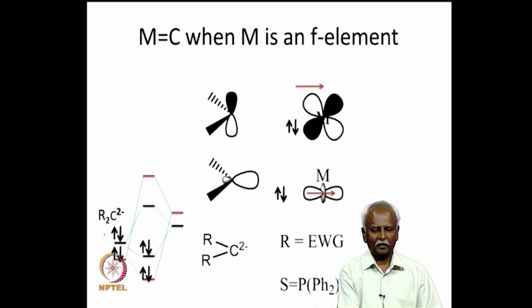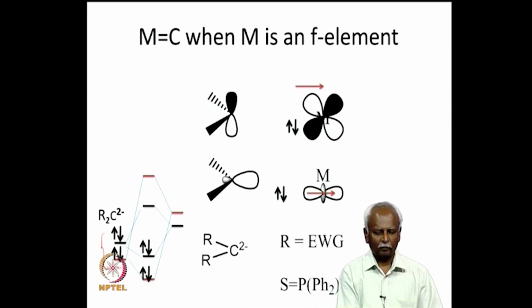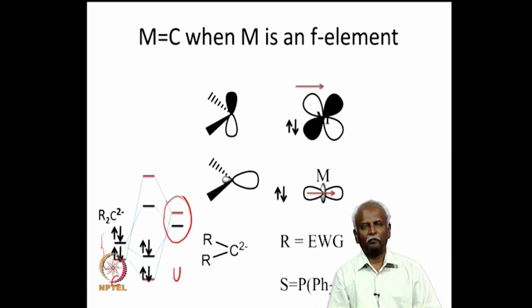And the energy level diagram is shown here on your left bottom of the screen, and that shows you 4 electrons present on the carbon, and the vacant orbitals on the uranium are pictured here, and they lie at a much higher energy, but both of them are vacant and they can accept electron density.